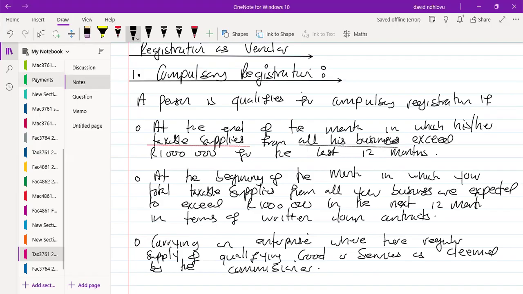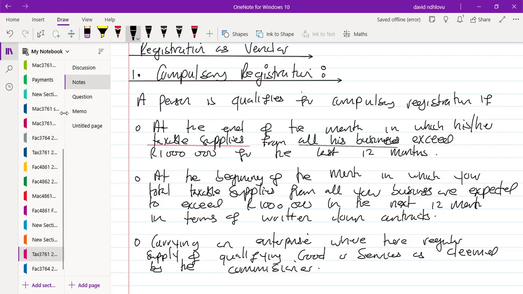Maybe it's good for the economy. Maybe you are supplying goods that benefit the community, and it is crucial for your business to have a VAT certificate. So the commissioner can look at your circumstances and say, with the goods and services that you provide, even though you don't qualify, we will allow you to register for VAT purposes. You are expected to register.